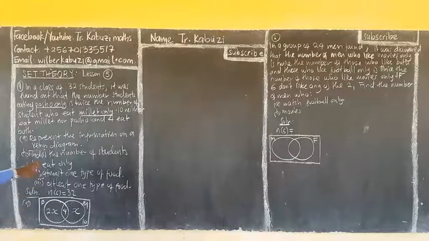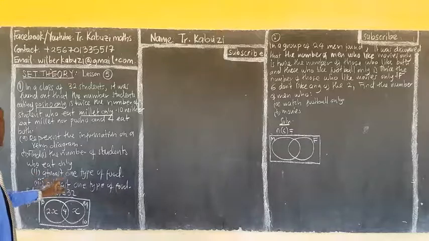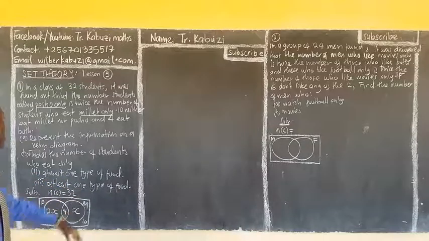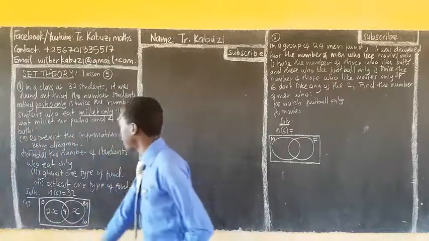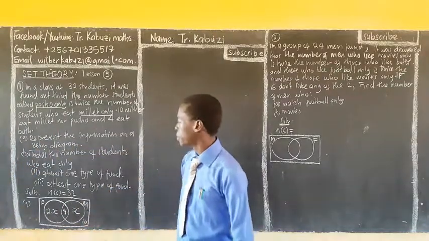Then part B. Find the number of students who eat at most one type of food, at least one type of food. So if we have this now, when I add all these ones, I should get 32. So what do we do?